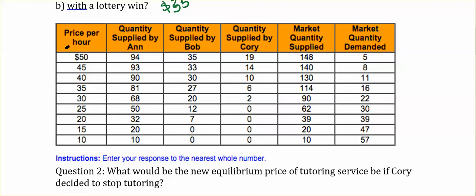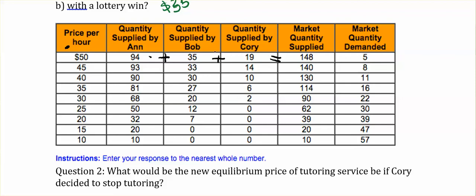So how can you get 148 here when the market price is $50? You just use 94, which is N's supply at $50, plus 35, Bob's supply at the market price of $50, plus 90 from Corey when the market price is $50, and you get 148.